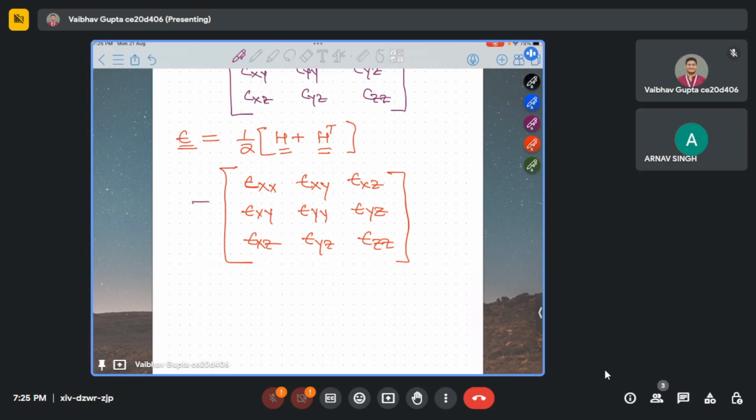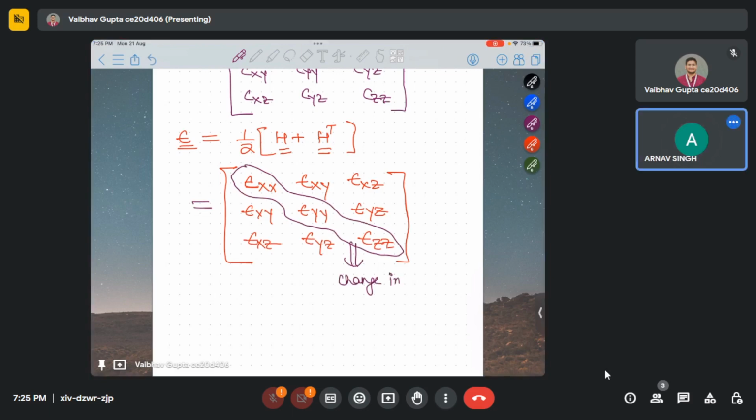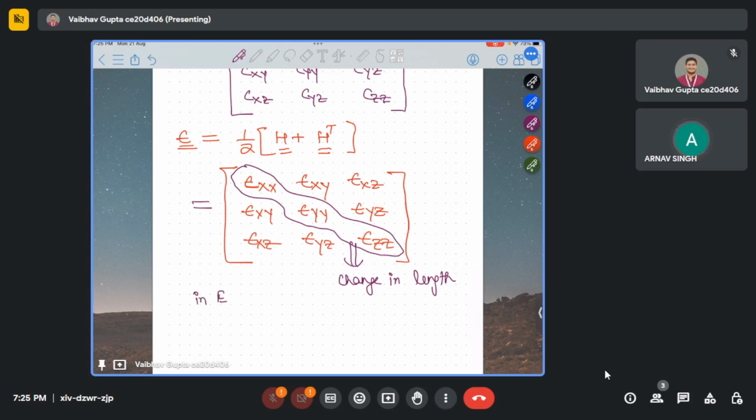If this is the matrix of epsilon, this is the matrix you will get for strain. All the diagonal terms in the strain matrix refer to change in length. So if someone asks what is the change in length in the EX direction, it is nothing but epsilon XX.